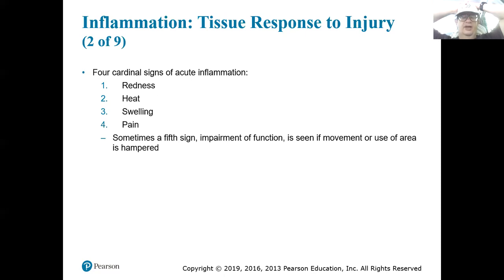This is all related to the fact that you're going to release chemicals that make the blood vessels more permeable. You are going to vasodilate them and make them more leaky. And what that does is it delivers a lot of fluid to the area. Well, if you're delivering a lot of blood to the area, then the area will look reddish.